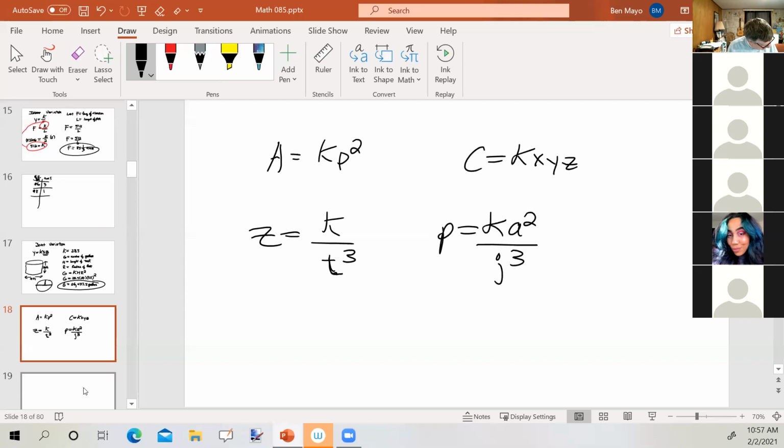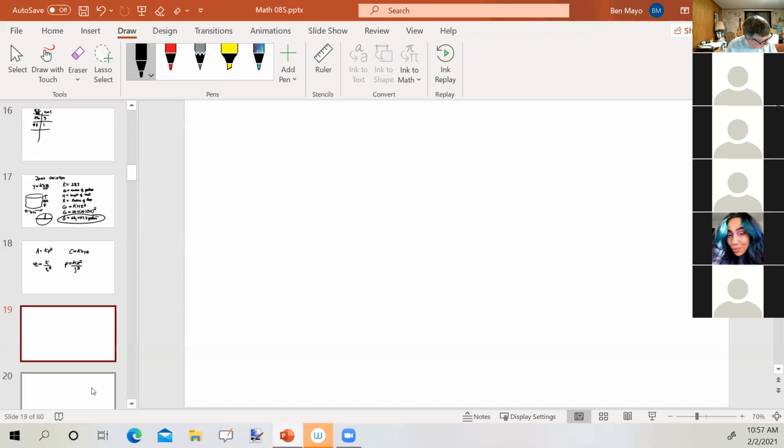Let's see. M varies inversely as the cube of N and jointly as X and the square of Z. All right with that?